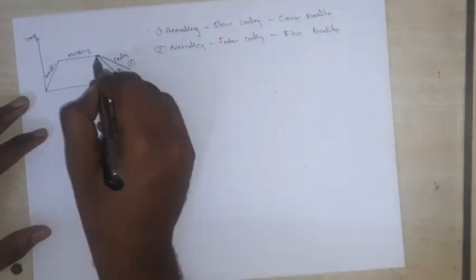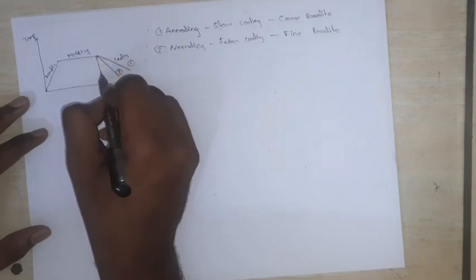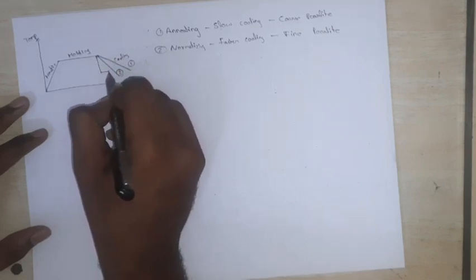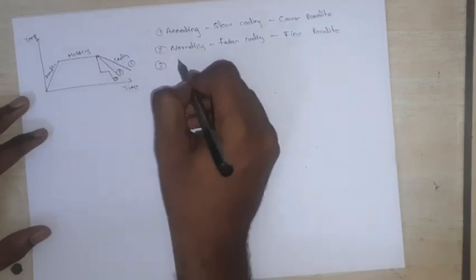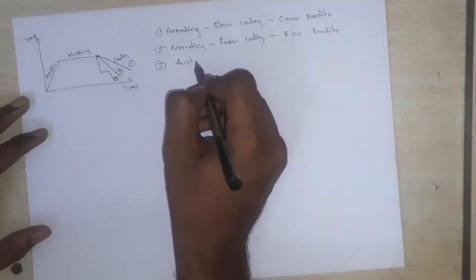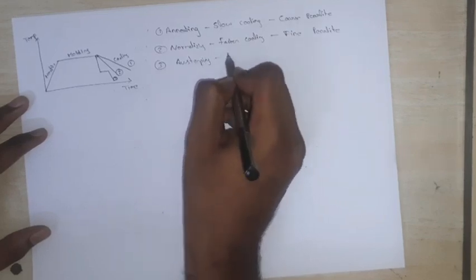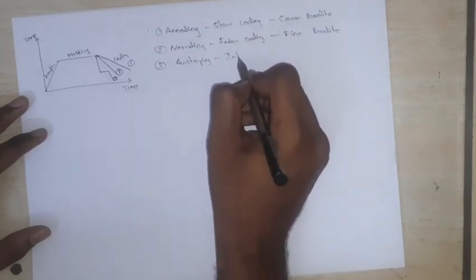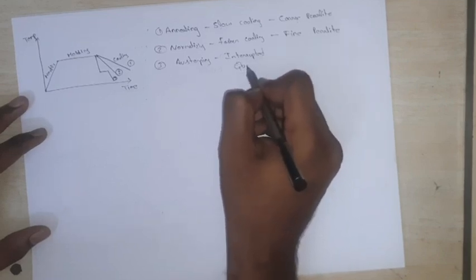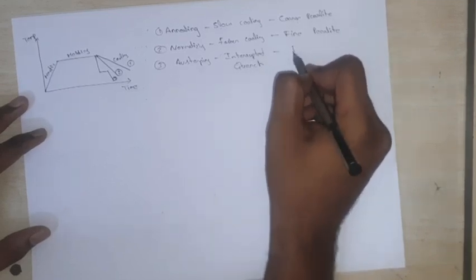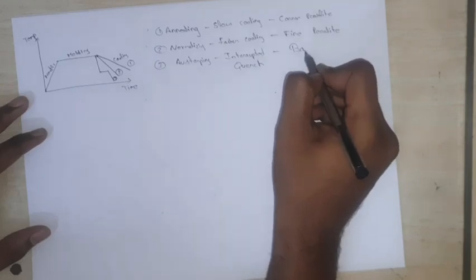If we cool somewhat faster, then hold it for some time, and again cool, it is called austempering. You can say it is interrupted quenching. Here we get bainite.